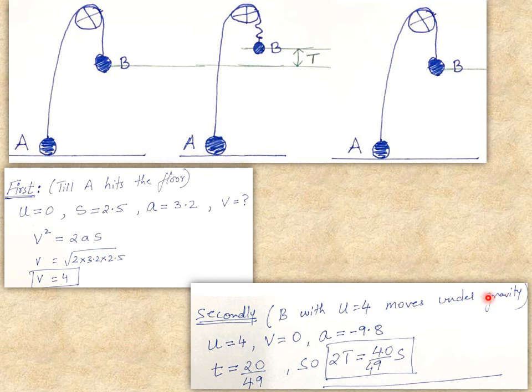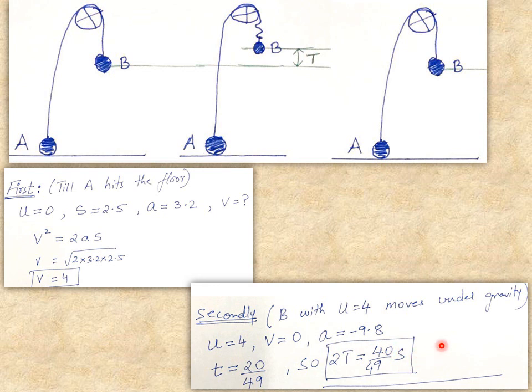Like the previous question, the same V now becomes U. While B is going up, your U will become 4. V, when it reaches the maximum height, will definitely be 0. It is under gravity, so minus 9.8. Substitute in the formula and you get 40 by 49 seconds. This is the answer.